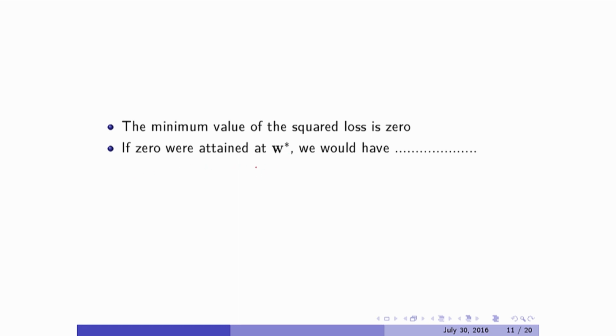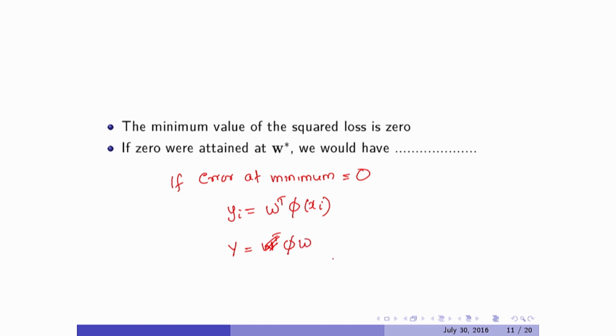Now we know that if 0 were attained at W star, which means that if the error were actually 0, which means that each yi was exactly equal to W transpose phi xi, which means in vector form y equals phi w, we should be able to quickly get the w by inverting phi and multiplying with y.